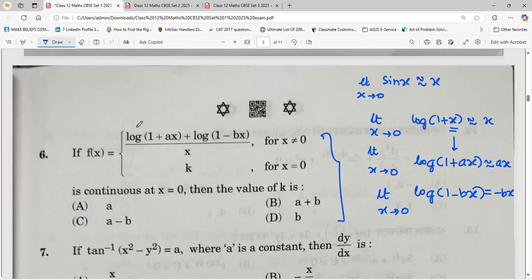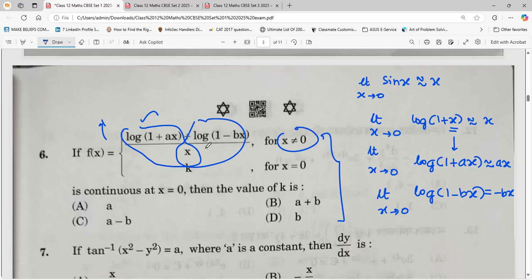So if we rewrite this question applying the limit as x extends to 0, the answer is going to be log of 1 plus ax. I'm going to split the terms here, this divided by x and this divided by x.